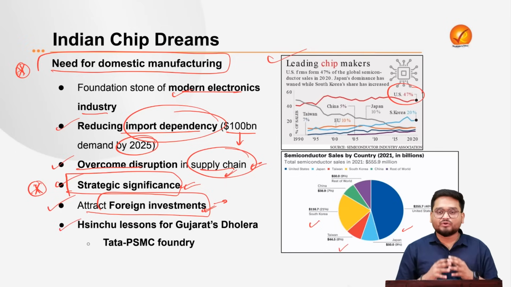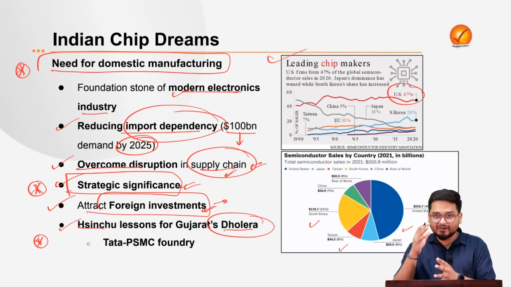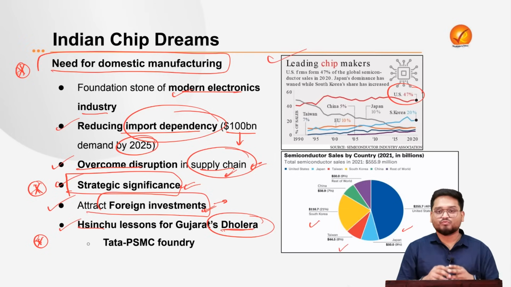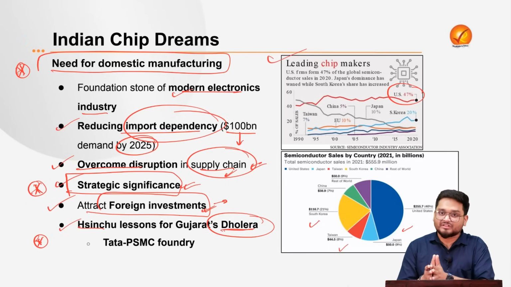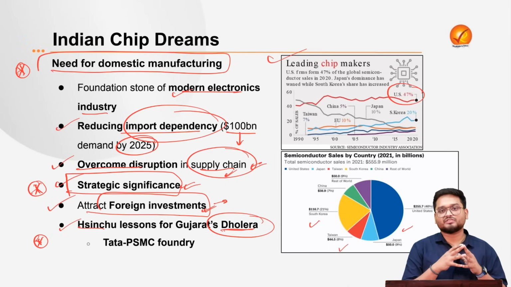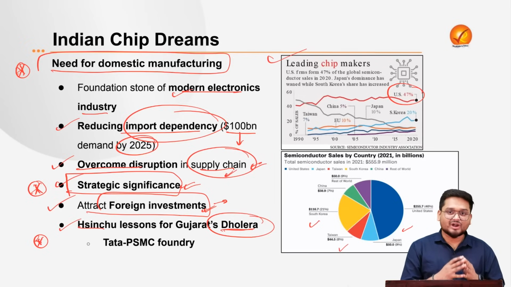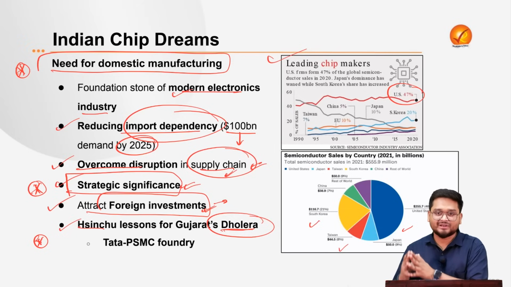And also, we have to learn from Hsinchu's lesson. If we try to develop Gujarat's Dholera area and make it a hub for global semiconductors, we have to understand what lessons there are in Taiwan's domestic cities too. That is why we have to learn a lot from this small town. In its earlier days this town was in a very dilapidated state.